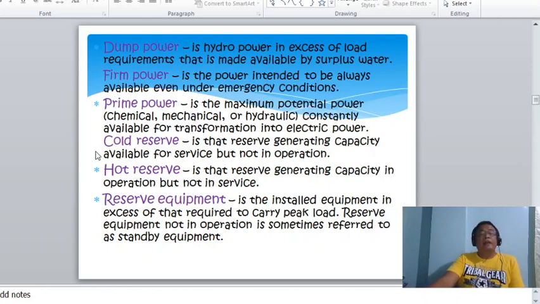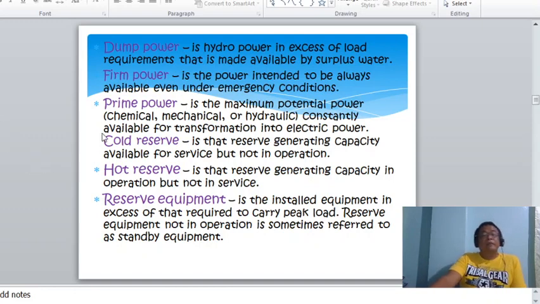Another, we have the hot reserve. It's the reserve generating capacity in operation but not in service. So the hot reserve is now operating but not in service, from the word hot, meaning it is now in operation.